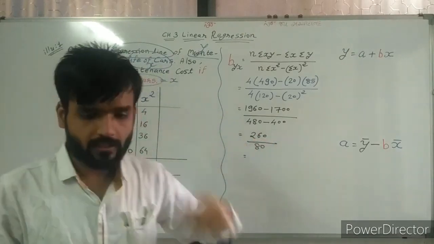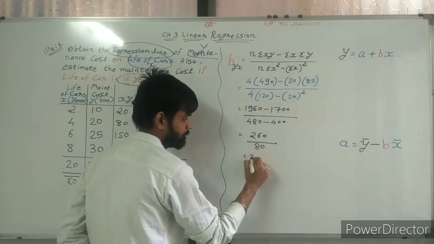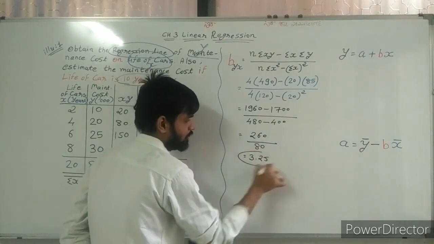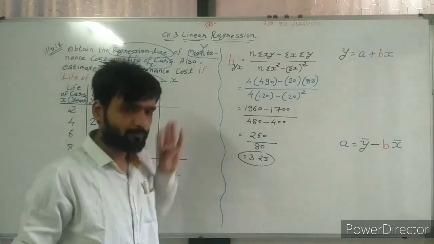Now 260 divided by 80. You will get 3.25. So sir, this is the value of b.